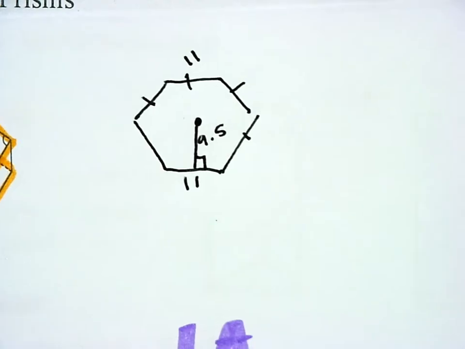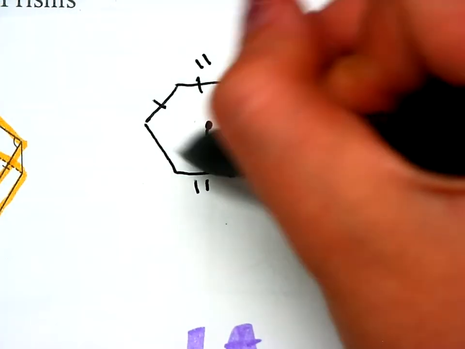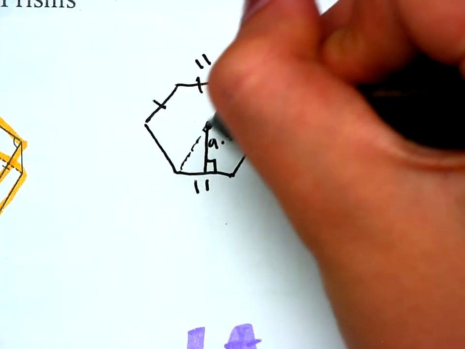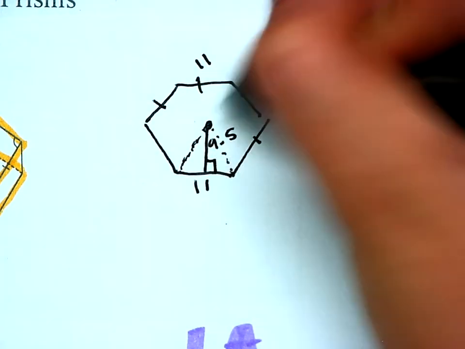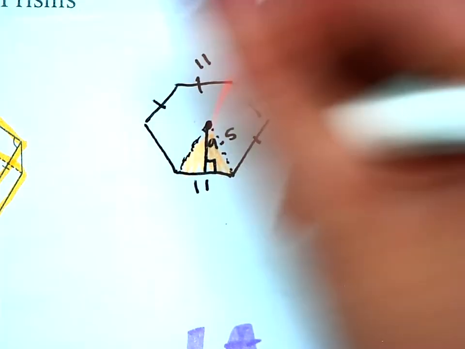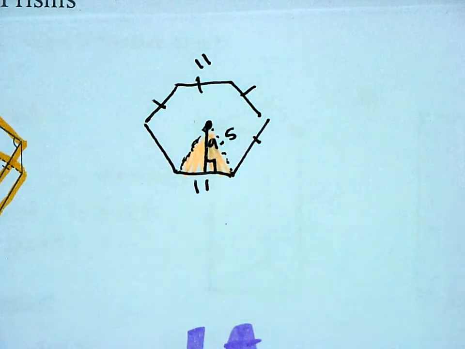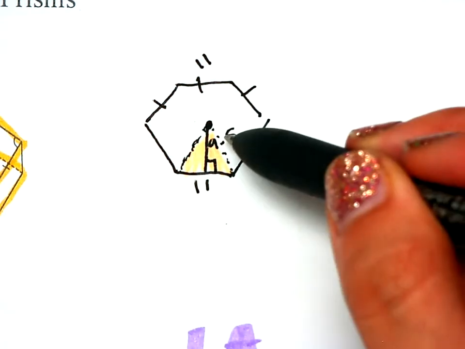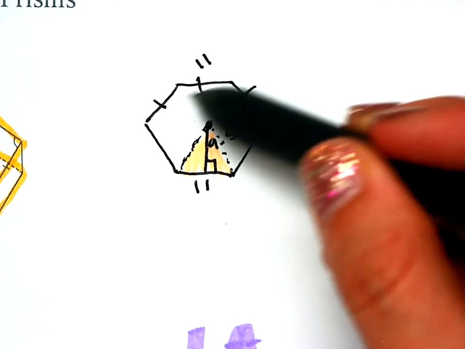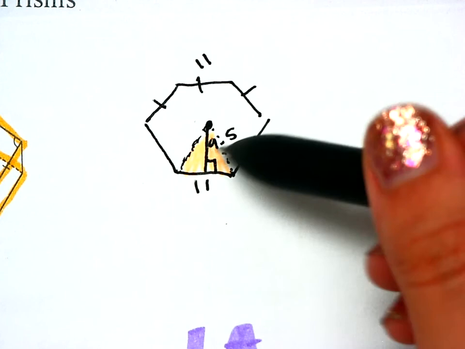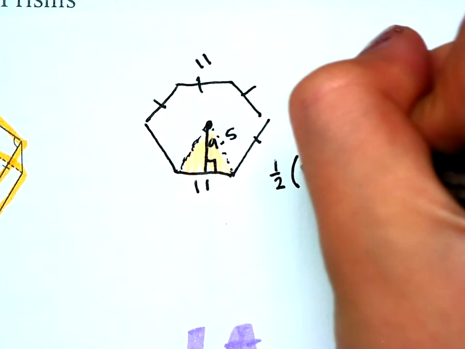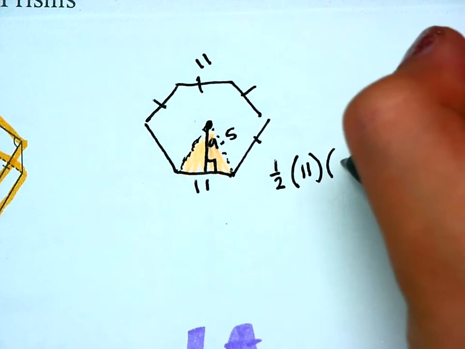If that's true, well, I can think of this as being broken up into 6 triangles, right? So I'm going to make this a triangle right here and then kind of highlight this so you can see. So just one triangle, and if we were to make 6 total, it would make up the entire hexagon. Okay, so if we find the area of one triangle, we can multiply it by 6 to get the whole thing. So this triangle right here is 1/2 base of 11 and height of 9.5.